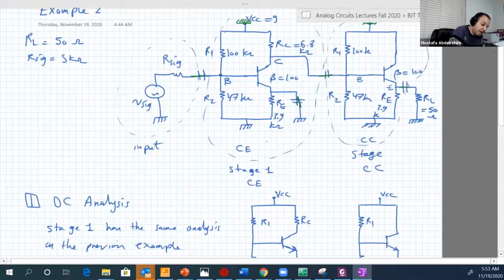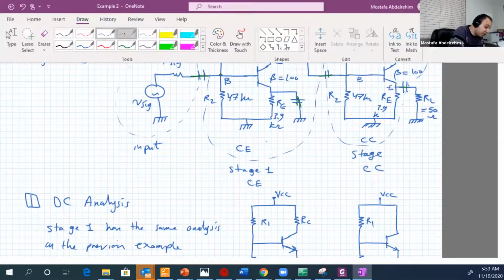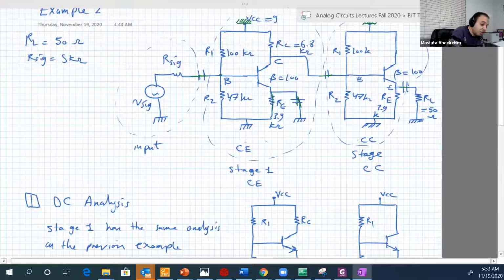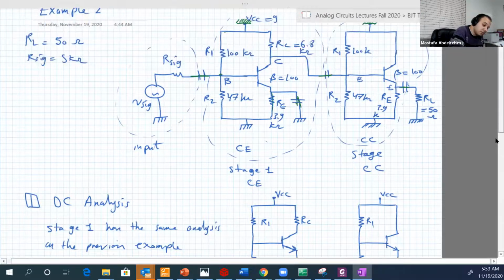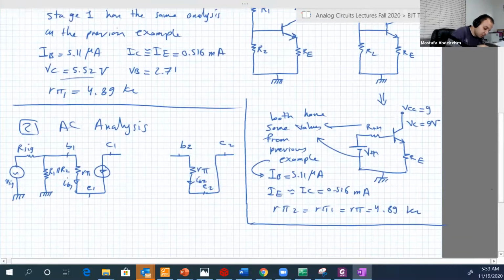And emitter 1, since this is shorted, so RE will be also shorted to ground. So emitter 1 is connected to ground. Here is beta IB2. How about collector 1?